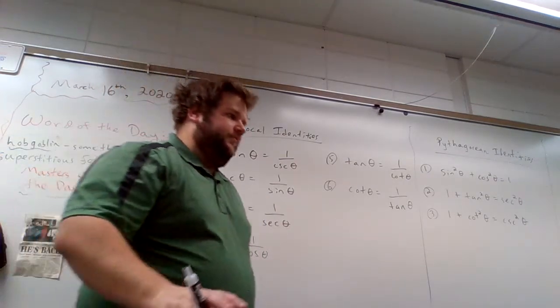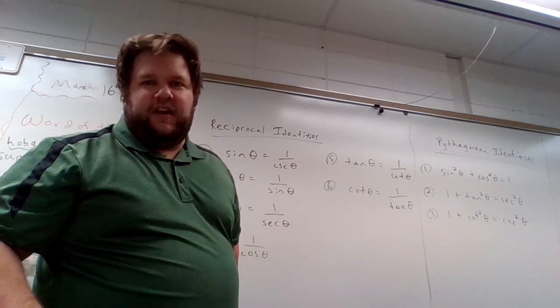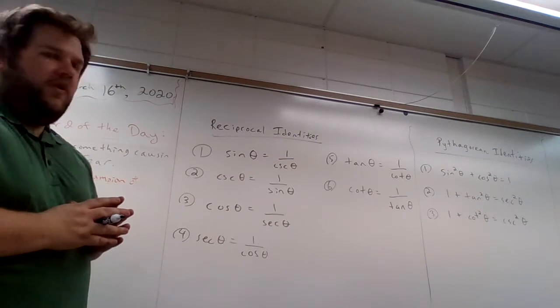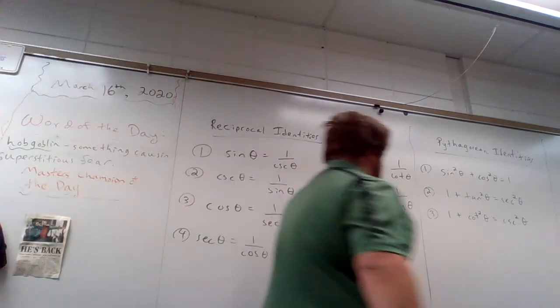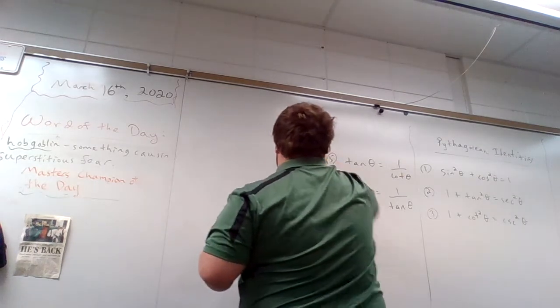It's really important. There are some other identities that I want to give to you. So these are the two sets that we talked about before. You got to know those really well. We also have these quotient identities.